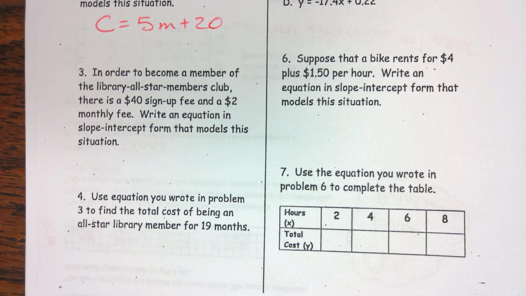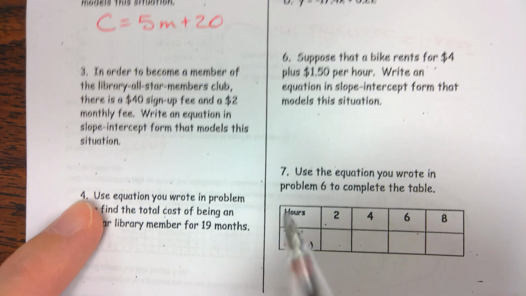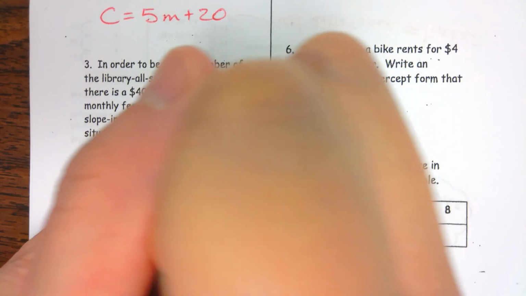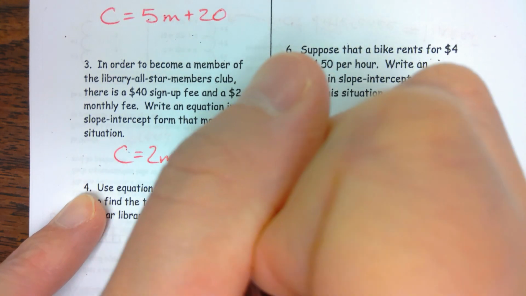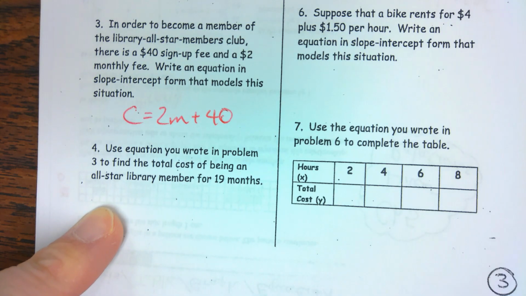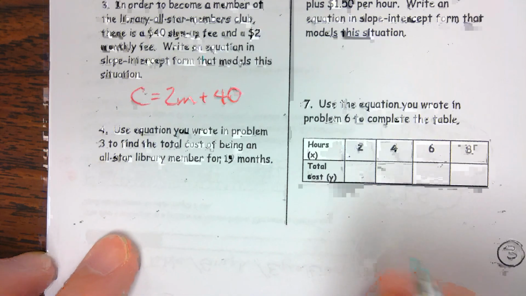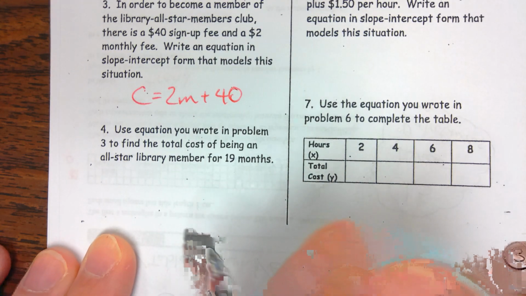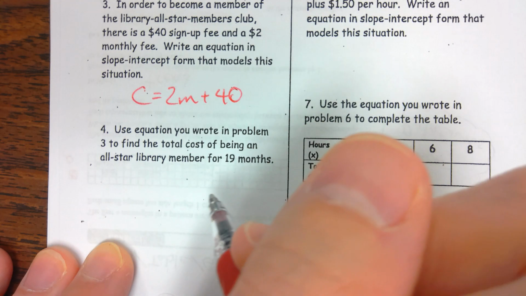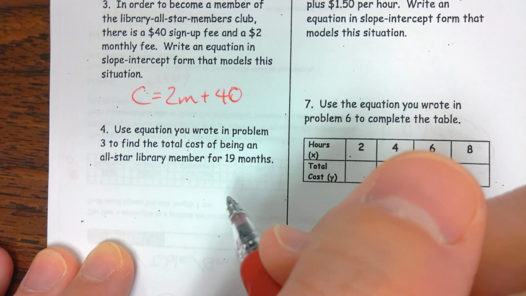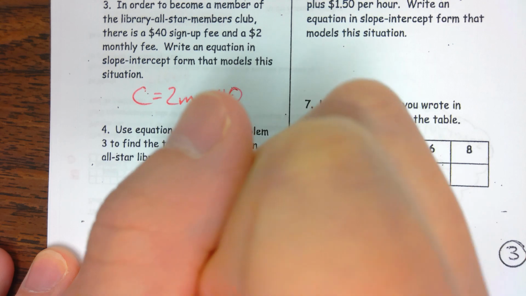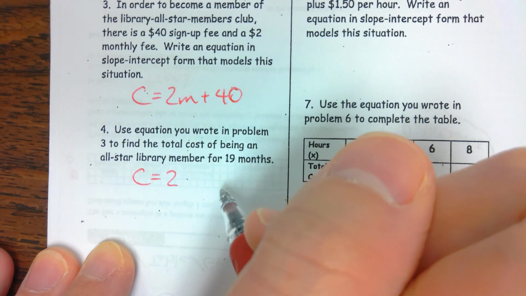Okay, so number 3, Connor, what did you get? Awesome. Let's say Aiden, number 4. 78. How did you get that? You put the variable in the equation.